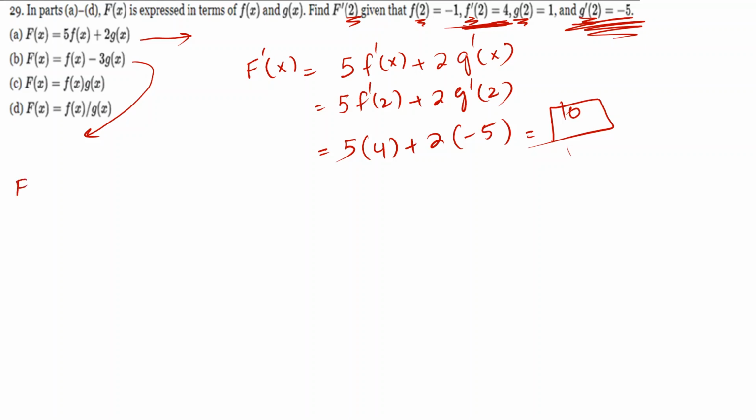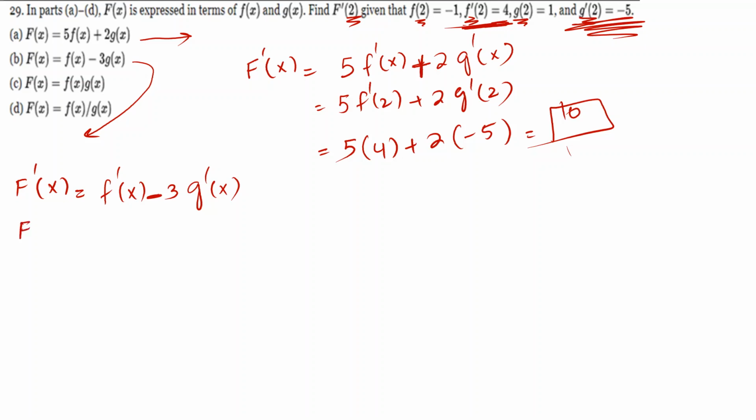Let's try the B part. So f prime of x equals the derivative of f of x, which is f prime of x, minus 3, write as it is. Derivative of g of x is g prime of x. Remember, whether it is positive or the two functions are separated by a negative sign, you just separate them and take their derivatives.